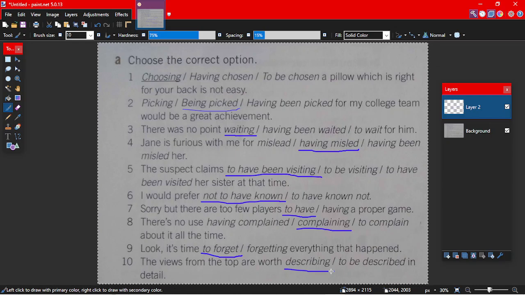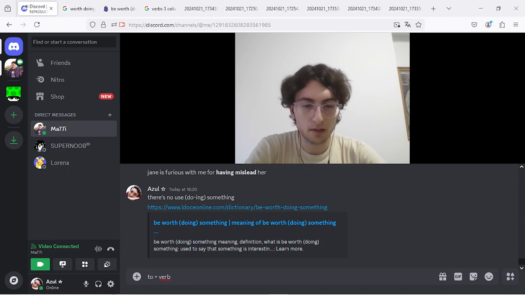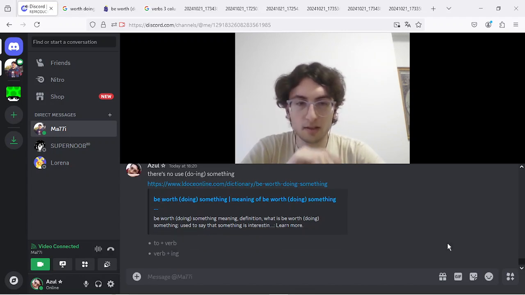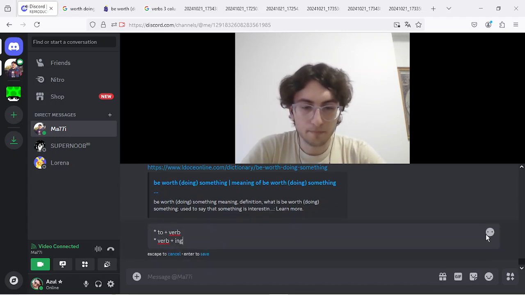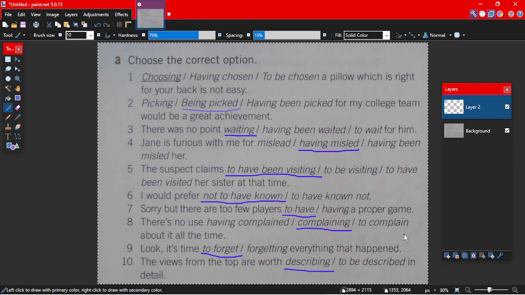There were things with to have, and then there were other things with having. We could see there were do plus verb, and then some other structures which were verb plus ing, right? I can even add a noun here. So we have these two things in the exercise.